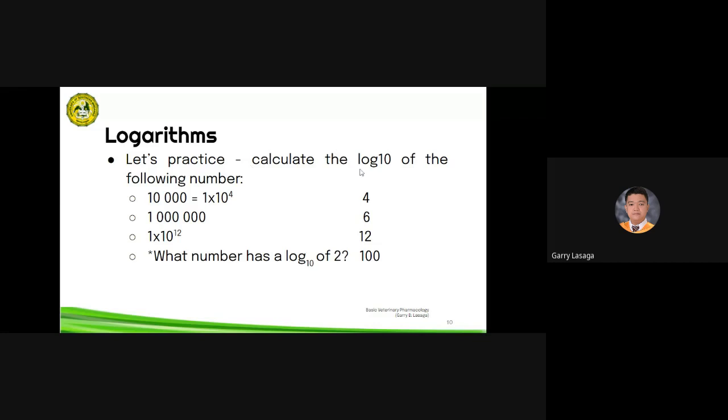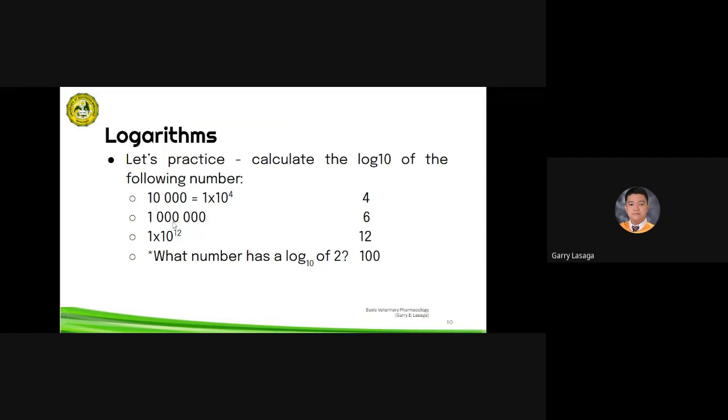So, to practice, in calculating the log base 10 of the following numbers. For example, we have here our number 10,000. We can express this in logarithm as 10 raised to the 4th power. So this means that we need to multiply our base 10 four times in order to come up with 10,000.